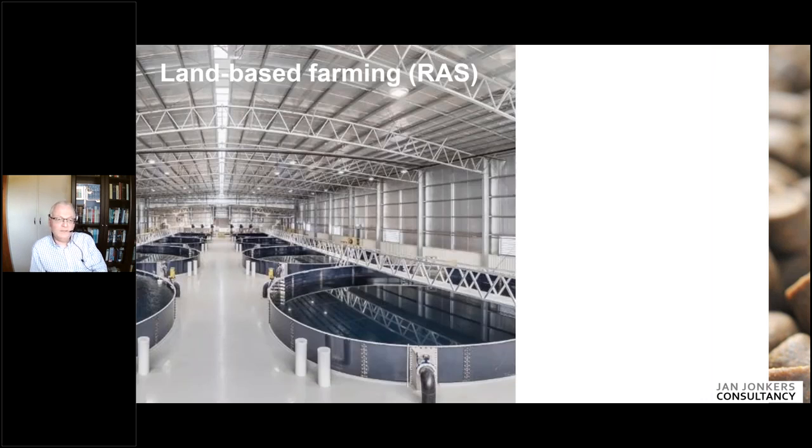Then the next trend in the industry is land-based farming, having the tanks on land. Here, the majority of the water is being reused. It is flowing through filtration systems, amongst others also biological filters in these units.